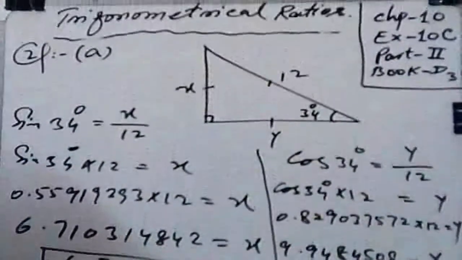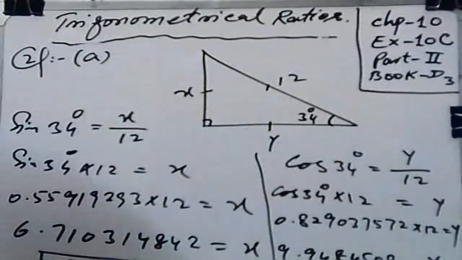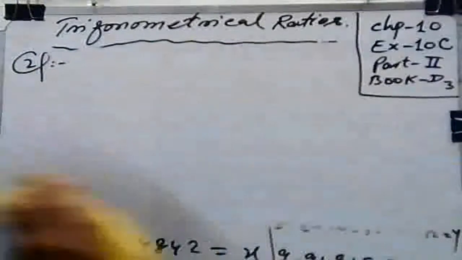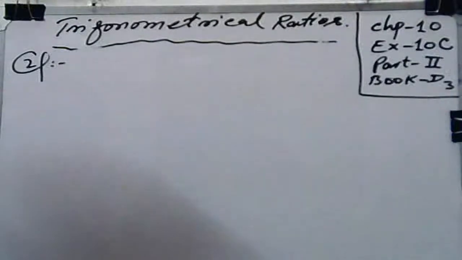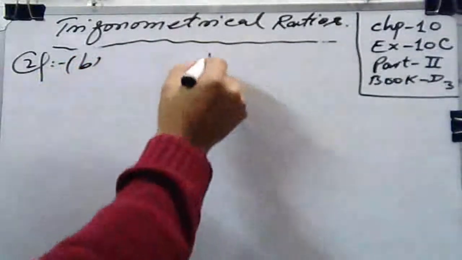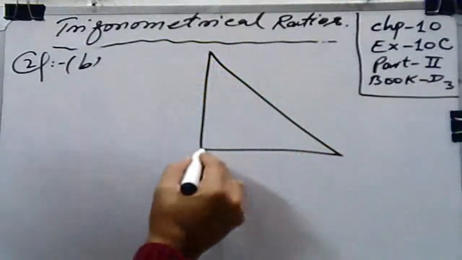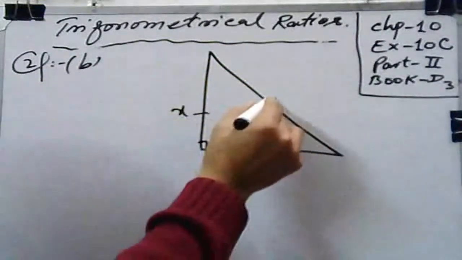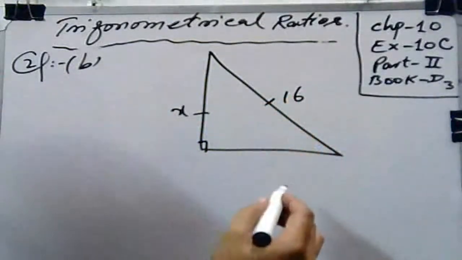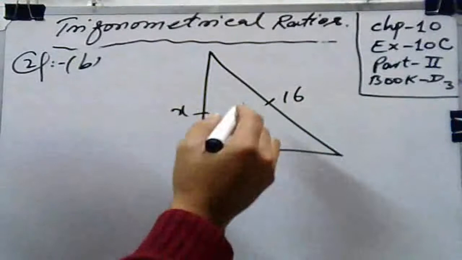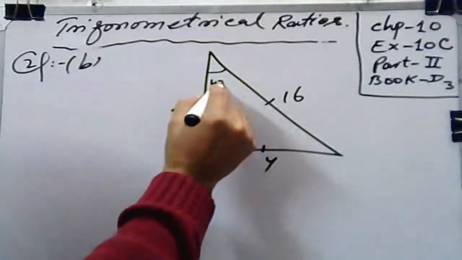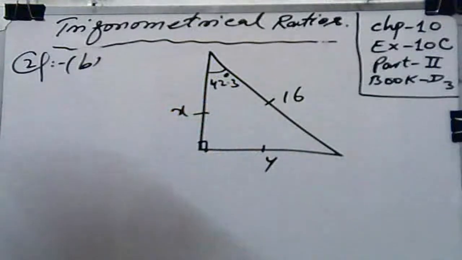Coming to the next part, B. Now the given figure is like this: that is your 90 degree angle, that is your x, this one is your 16, and this side is y, and this angle is 42.3 degrees.